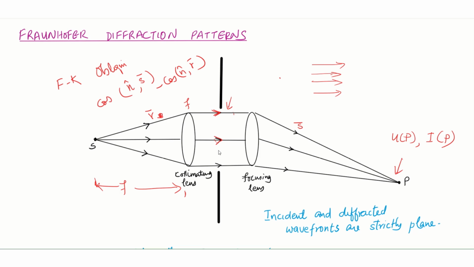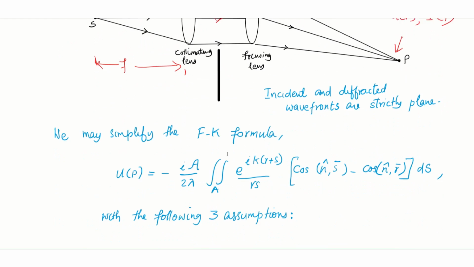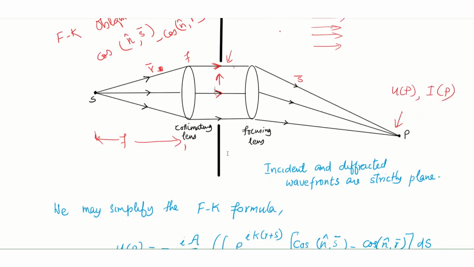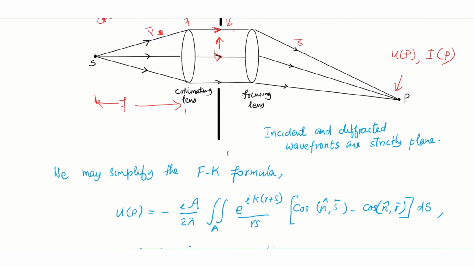But since these are parallel or plane wavefronts, the normal and the radius vectors at this point can be considered parallel, and therefore constant, so we can make certain assumptions. In this picture, we can see that the incident and the diffracted wavefronts are strictly plane.